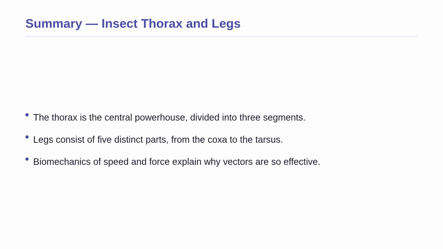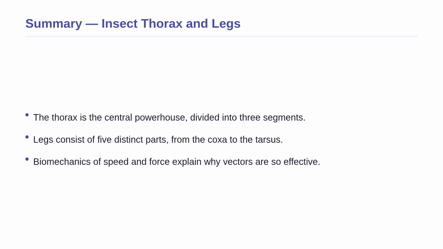We have covered a lot of ground today, so let us review the most important ideas. First, remember that the insect thorax is the central powerhouse of locomotion, divided into the prothorax, mesothorax, and metathorax. Second, each segment supports highly adaptable legs made of 5 distinct parts, which are specially modified for running, jumping, or clinging.